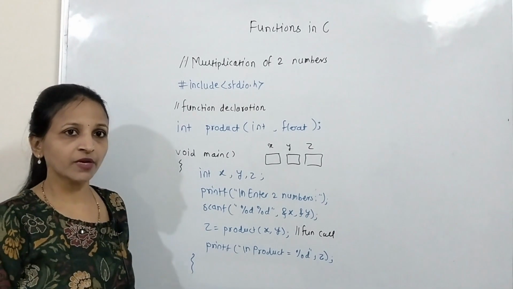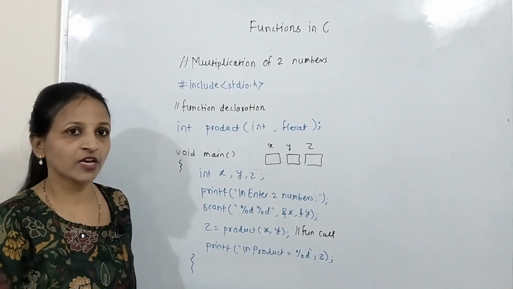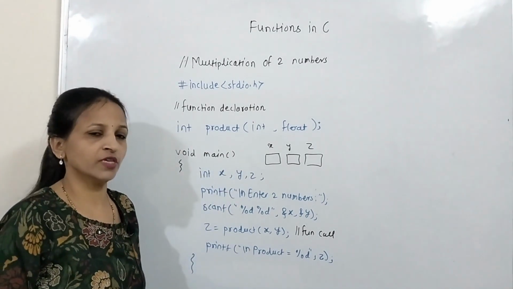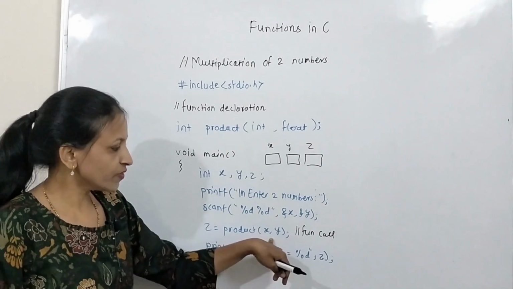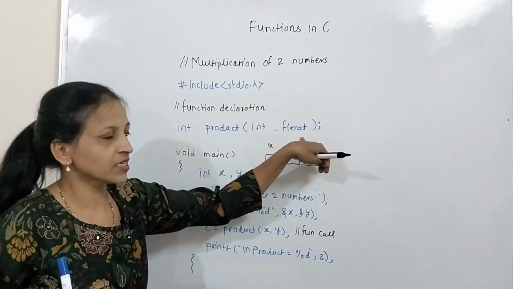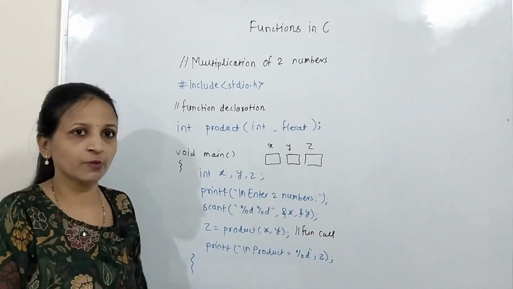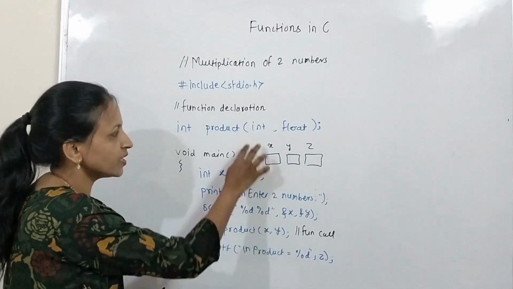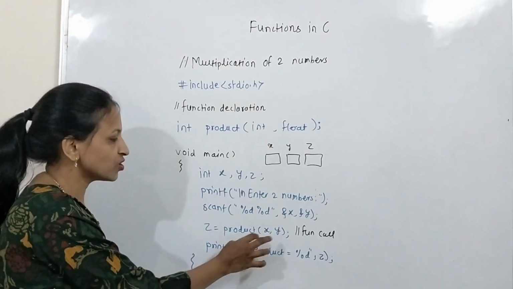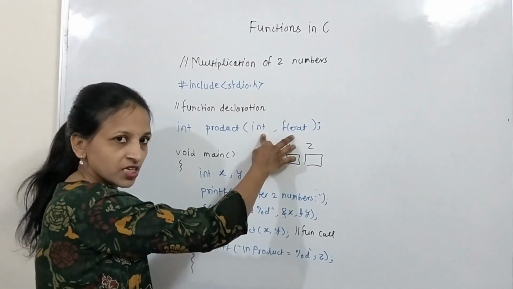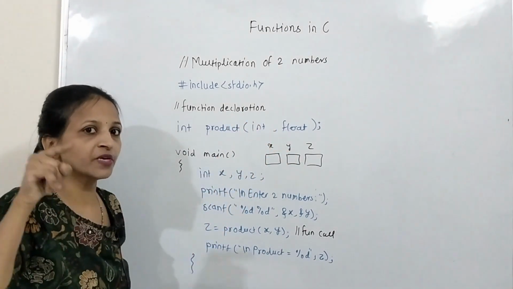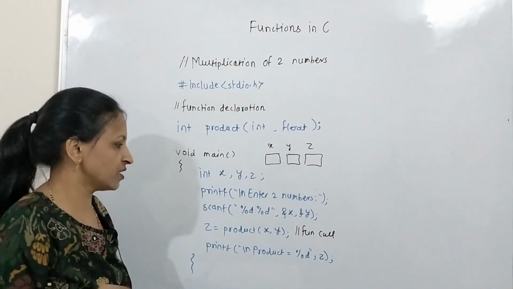We can multiply one integer value with one float value and return a float value in that case. But here also we have to pass the first integer and the second float. If we pass first float, second integer, again a type mismatch will occur. Whatever arguments we pass in the function call, and what we mention in the declaration, should match. Always keep that in mind.